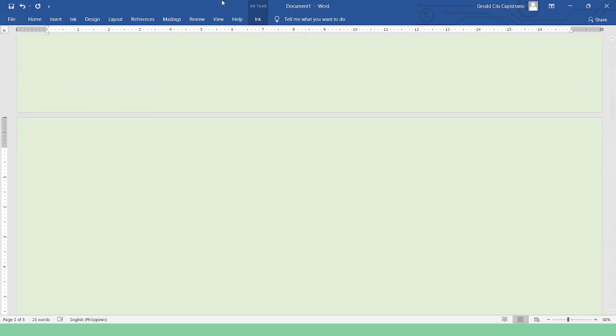Okay, so again, another example. Sulat tayo dito. Let's say we have x raised to 5 plus 3x cubed plus 2x plus 3.